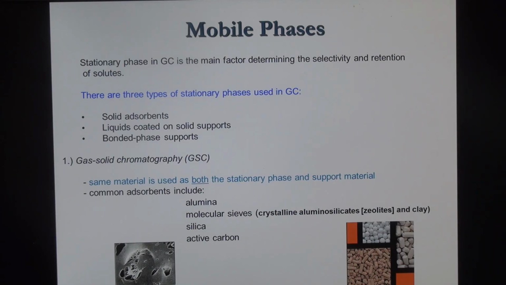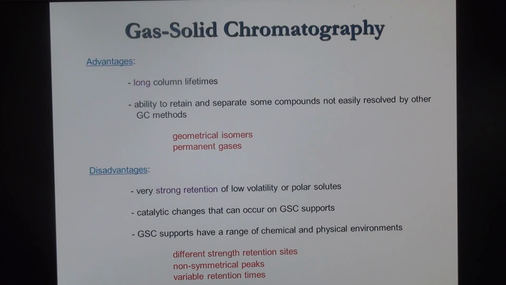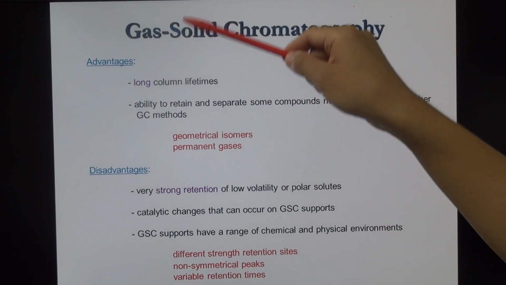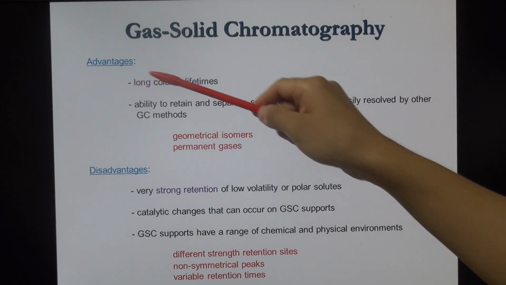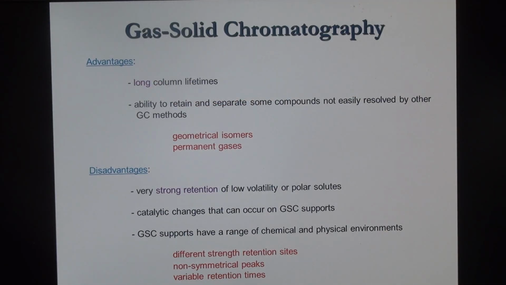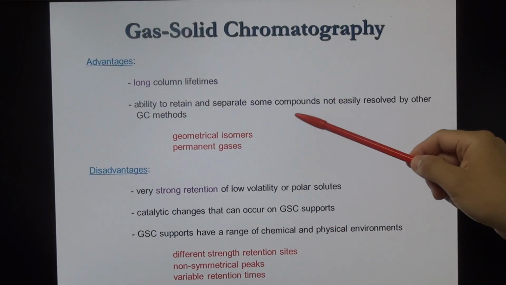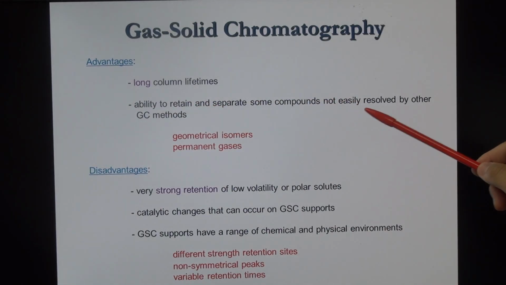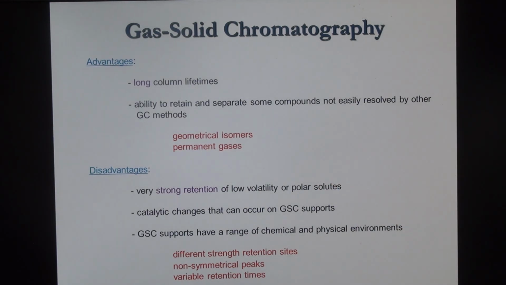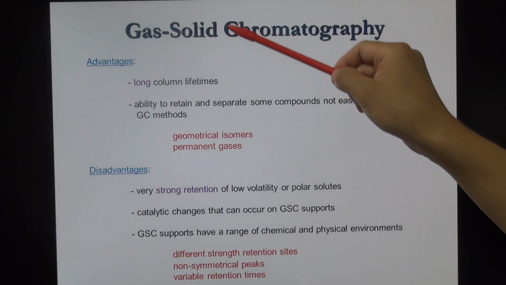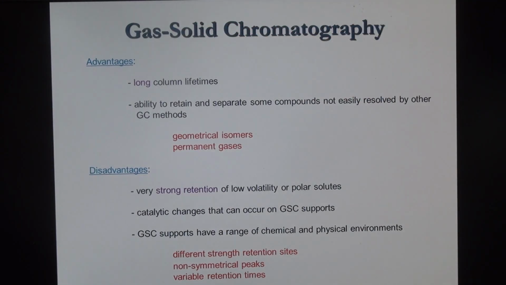For this GSC, since we use solid as stationary phase, it has a very long lifetime. And it can retain and separate compounds that cannot be separated by other GC methods, such as geometrical isomers and permanent gases, because a solid stationary phase can retain more. The interactions are much larger than with other stationary phases, such as liquid, right?